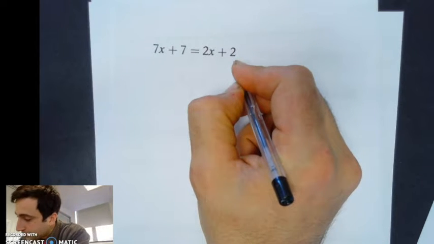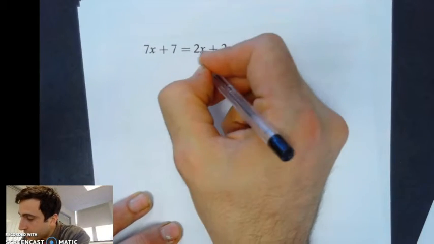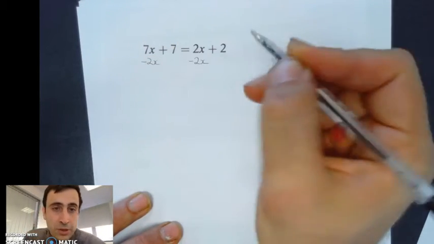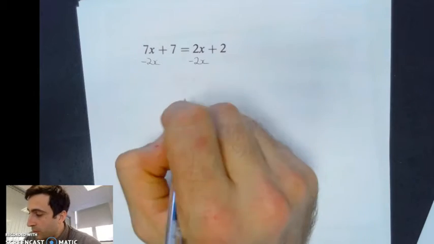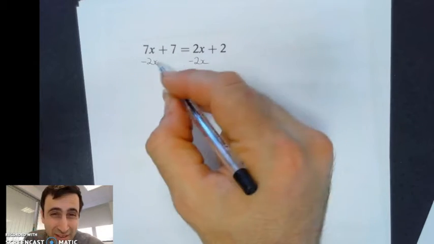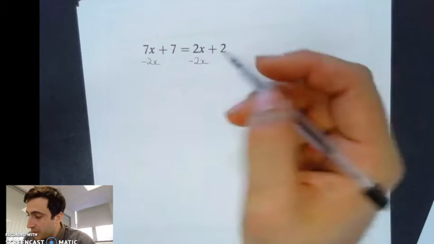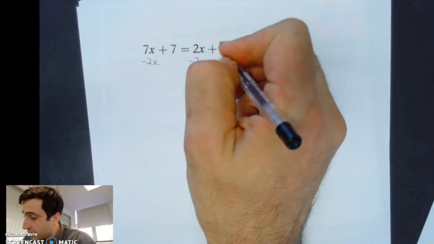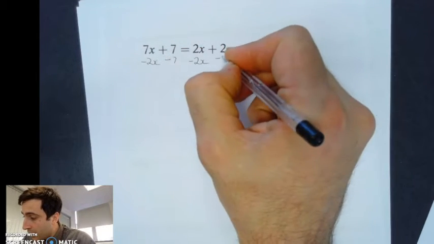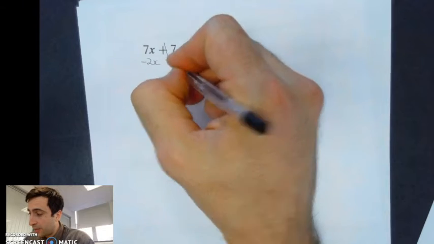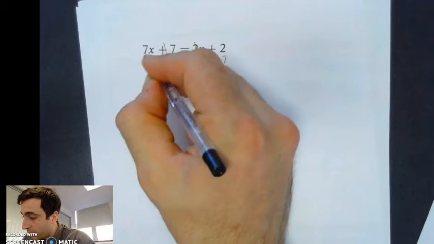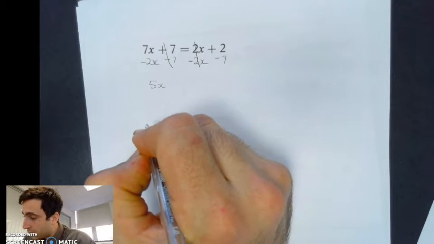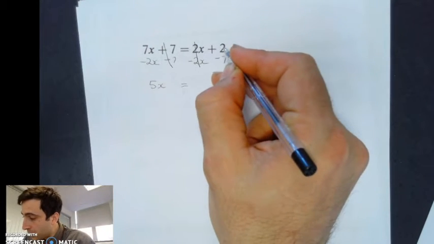So I'm going to take 2x from this side, and I'll take 2x from this side. And I'm also going to show you that you can actually do all of this in just one hit. So if I take the letters away, I can also, if I'm moving the numbers over there, take 7, they cancel out, and we end up with 7x minus 2x is 5x, and 2 minus 7 is minus 5.